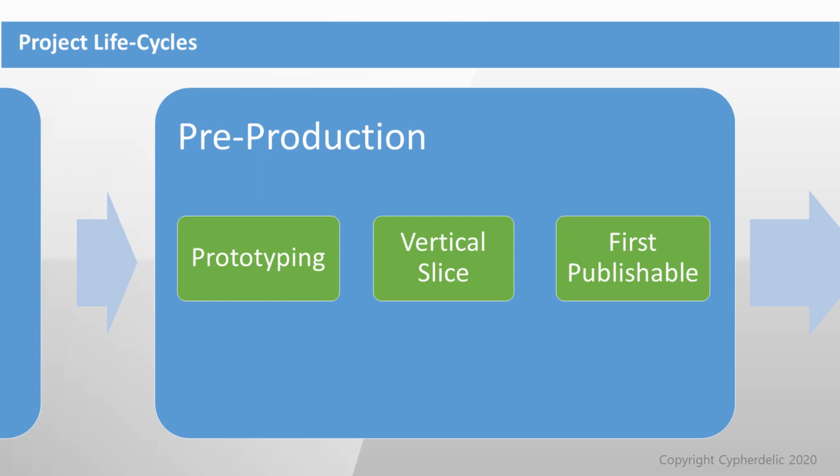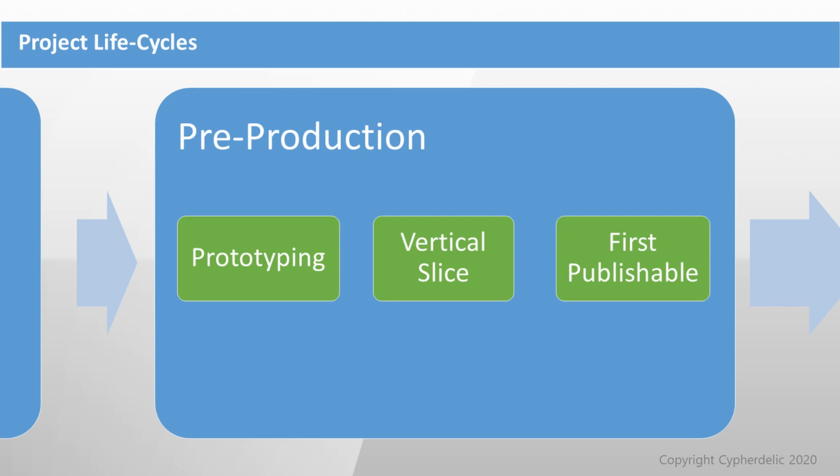For example, you might do prototyping in the concept phase, but in this example, and I think it's broadly true, you'll still be doing some prototyping in pre-production. We're going to go with this model where your pre-production phase is broken down into 3 distinct, discrete sub-phases.